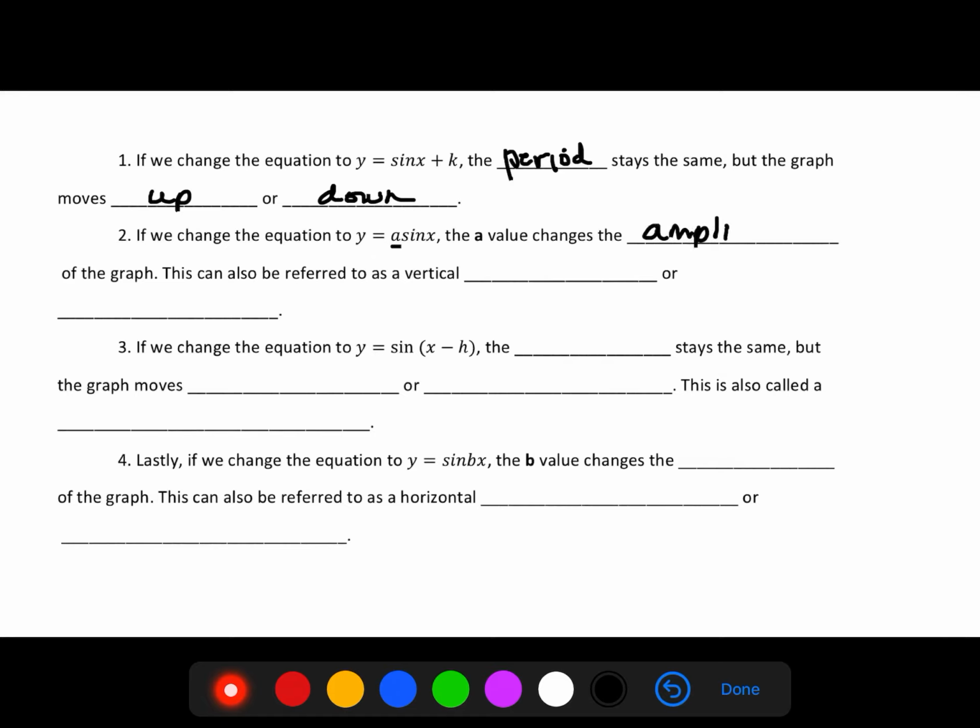If we change and we put an a value out front, just like we just talked about, it's going to change the amplitude. The amplitude is going to be the a value, the positive a value. It can also be referred to as a vertical stretch or compression. If we change the value inside with x, we know that our period is going to stay the same.